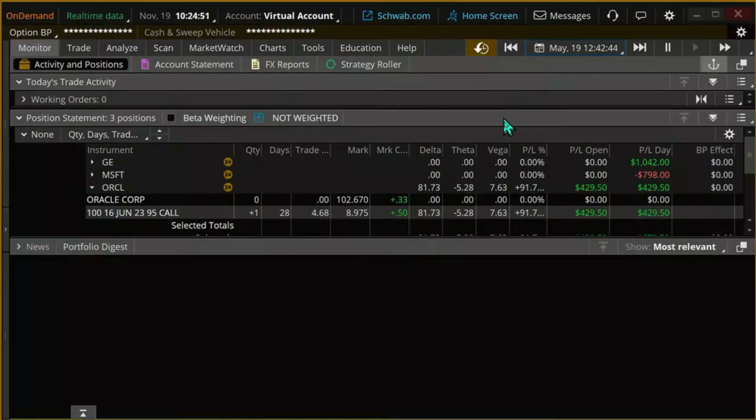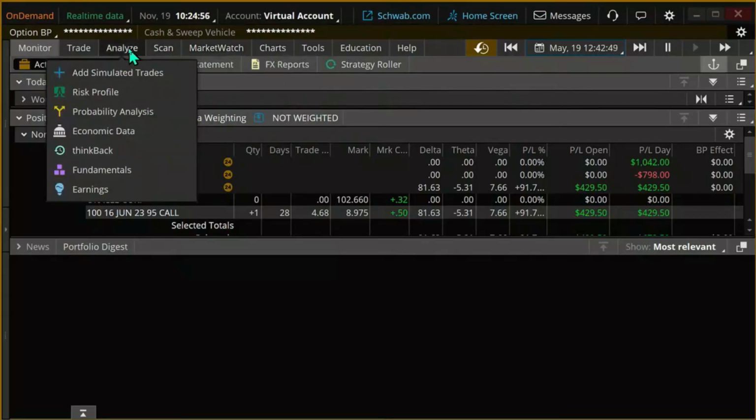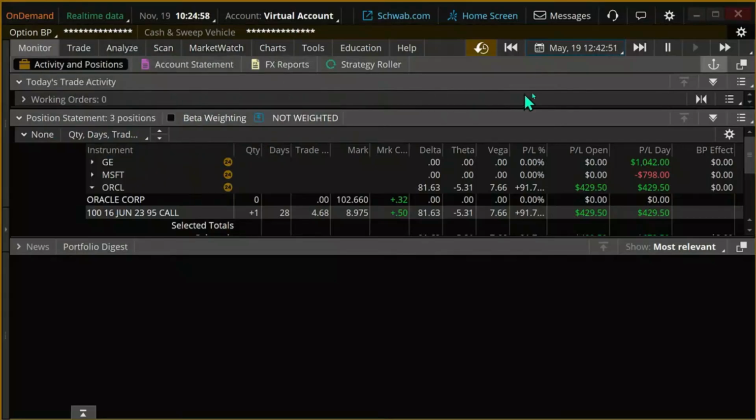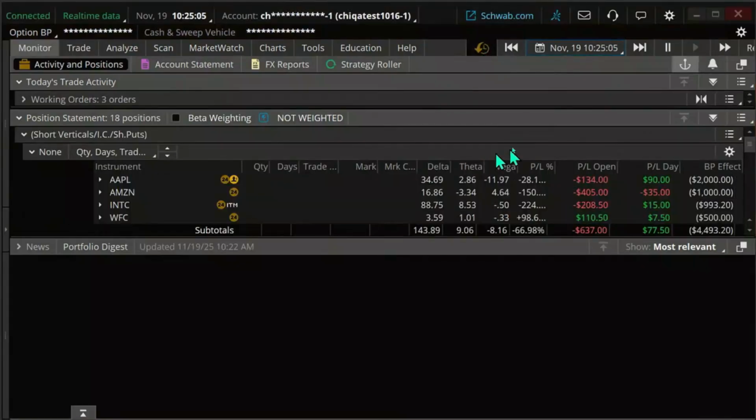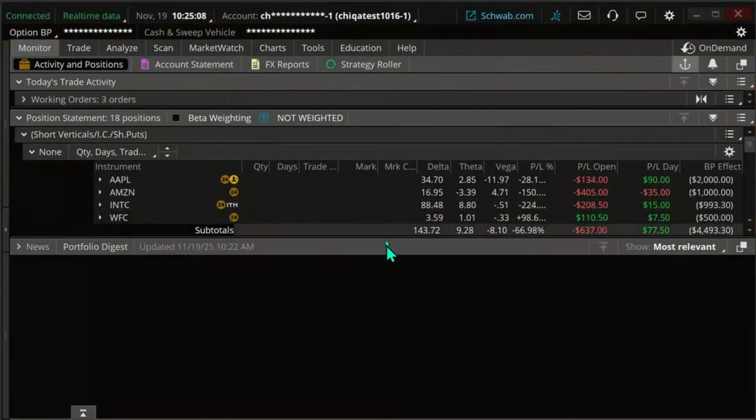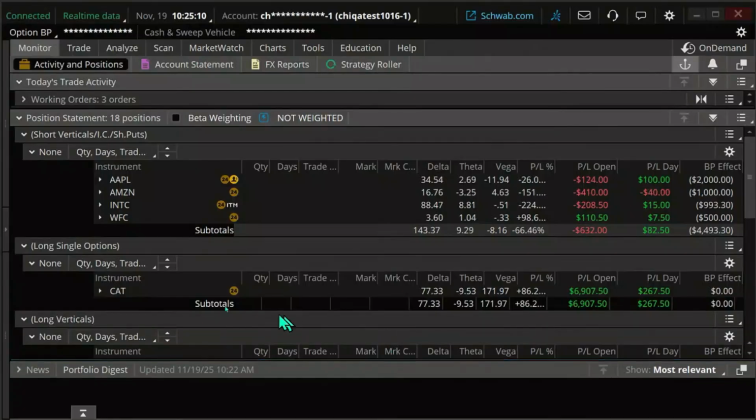Well, you may want to consider using that analyze thinkback function instead. Okay, so now to get out of on demand, you just click on the little symbol right up here, and that should get us back to real paper money life, which is what we have.